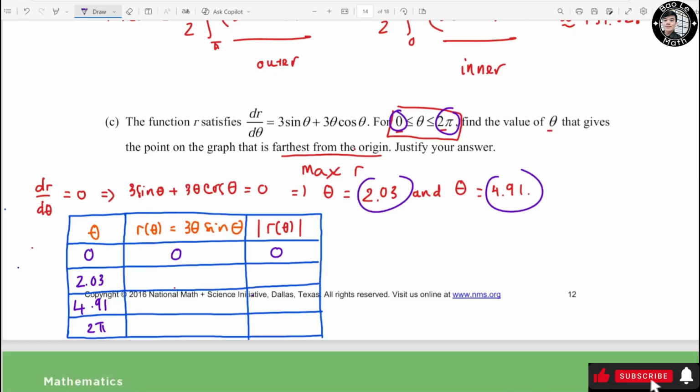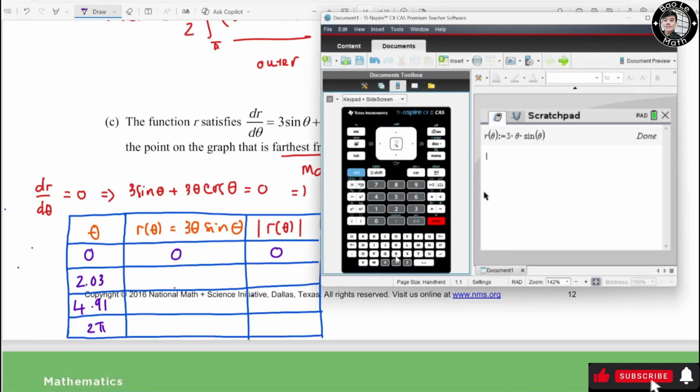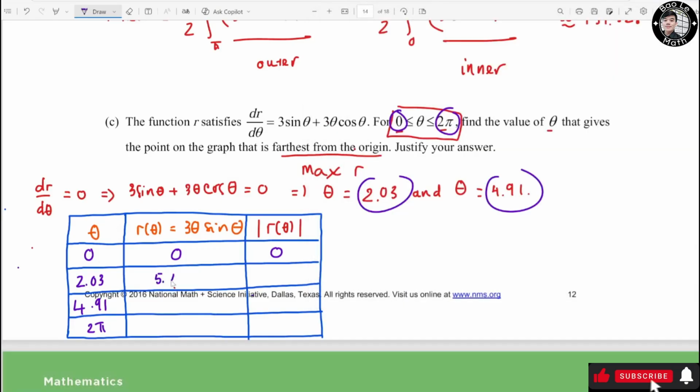Second one, r of 2.03. Press Control, enter. Escape, 5.459. Take the absolute value of this one, 5.459.